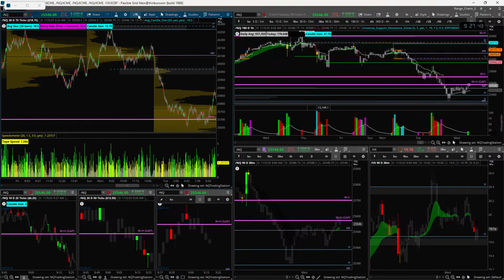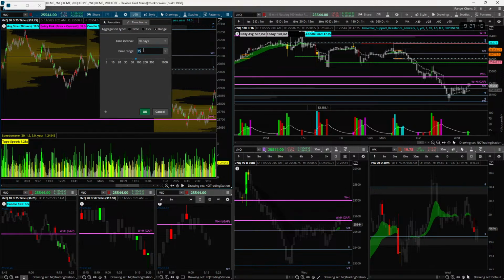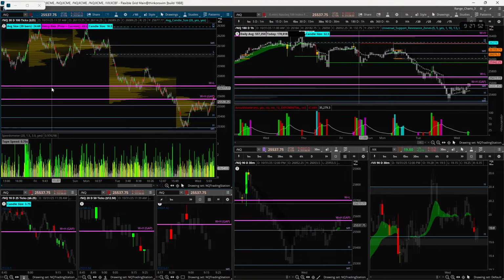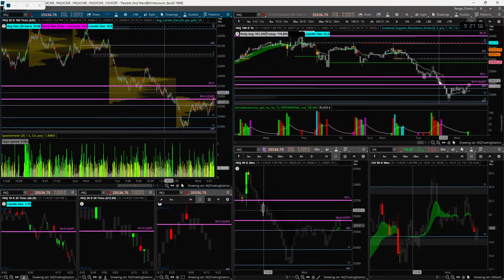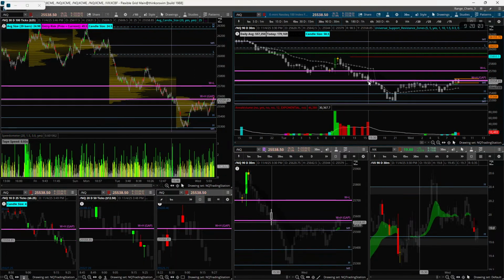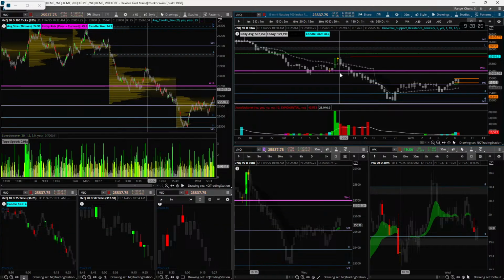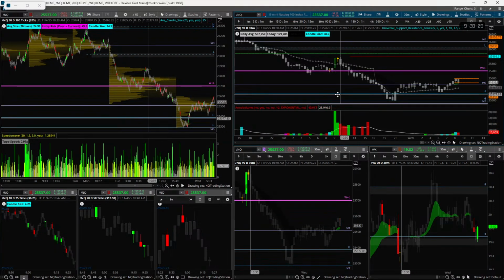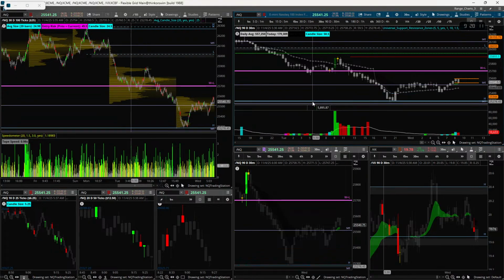I'm going to go to the 100. I don't like how raggedy this thing looks, so let's go to the 100 and work with that. Okay, so 30 minutes, and we're going to delete some stuff. I like this up here. I'm going to delete that. Might delete that. So gaps have been filled.